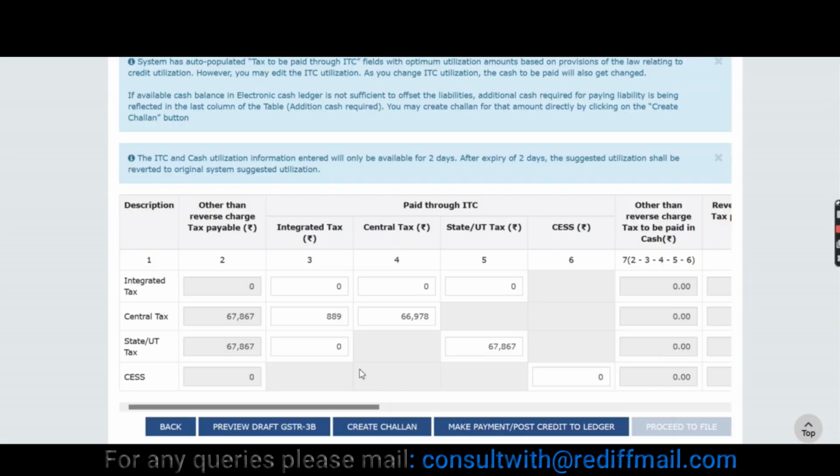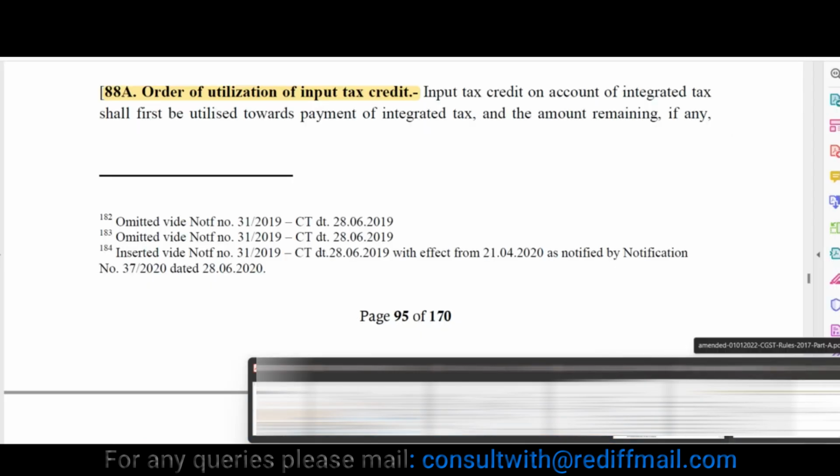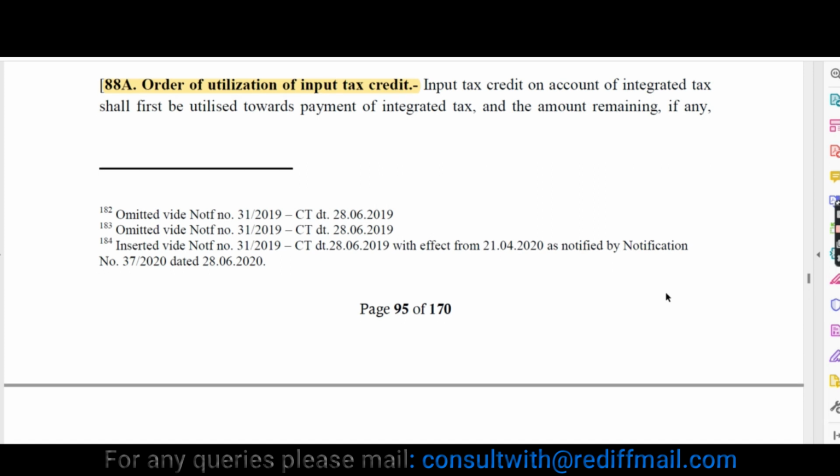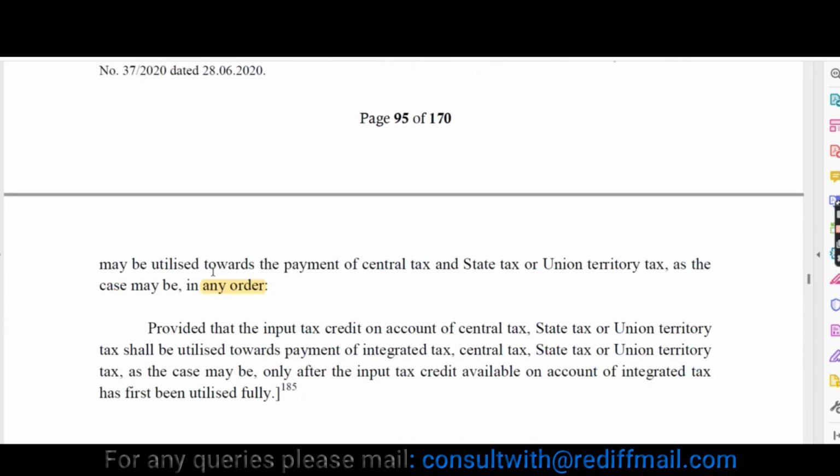That is, if I have IGST payable, then it should first be utilized from this amount, but here there is no IGST payable. Let us come to the rest of Rule 88A. And the amount remaining, if any, may be utilized towards the payment of central tax, state tax or UT tax, as the case may be, in any order.